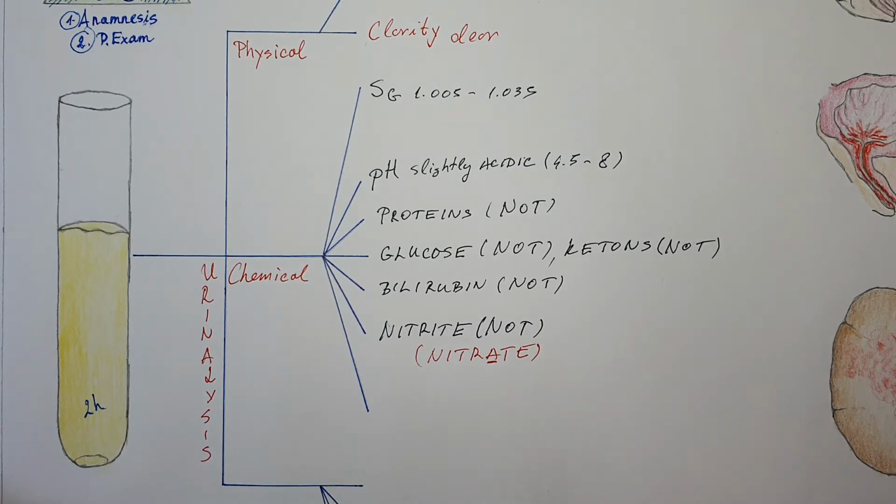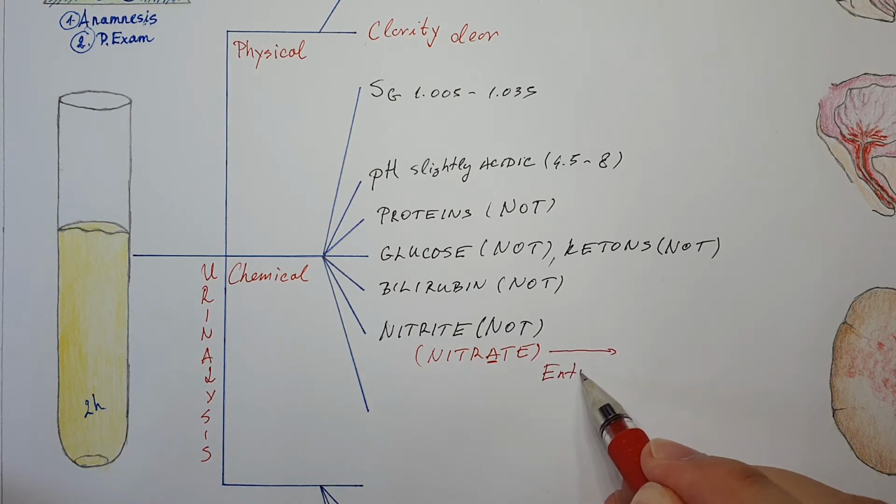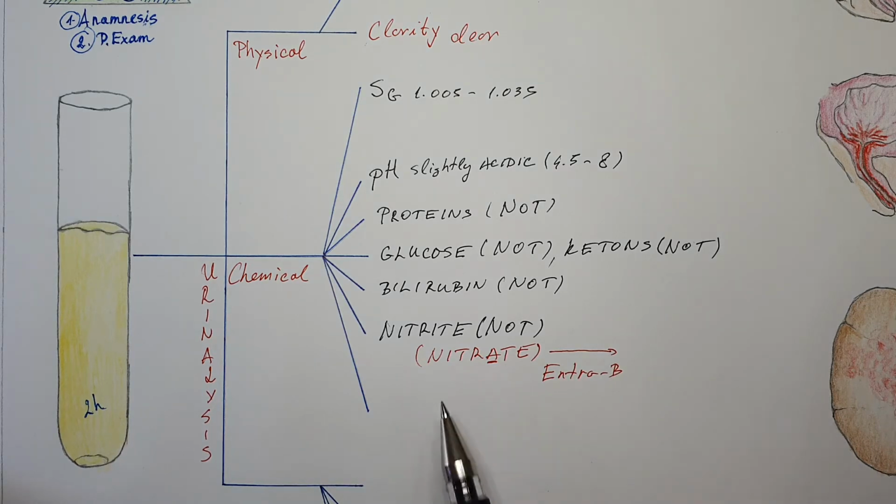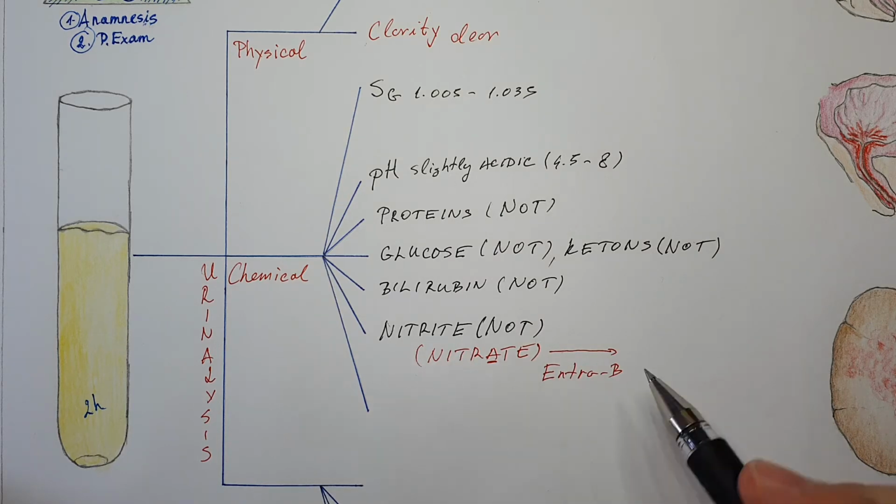But there are some bacteria, especially enterobacteria. So enterobacteria, like E. coli, have the possibility to convert this product that is normally present in our urine into this product.